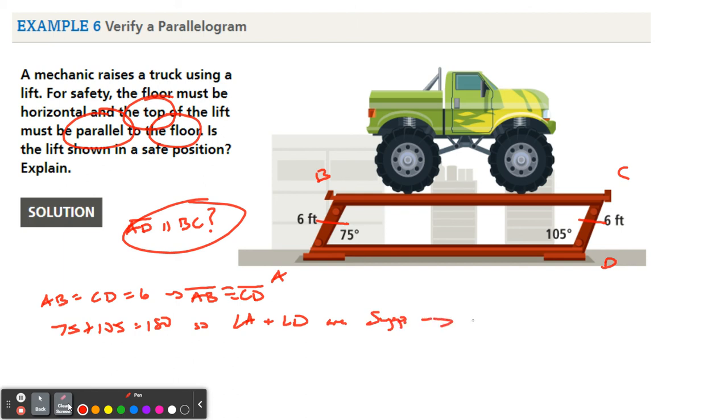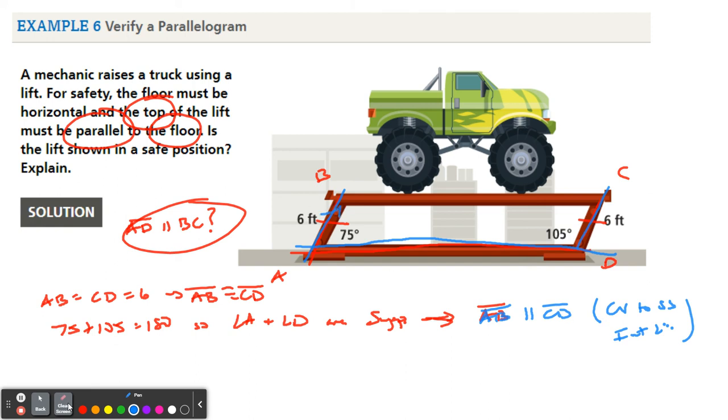This means that segments AB and CD are the lines, AD is your transversal. I guess I should use blue. So AB and CD are the parallel lines, and AD would be your transversal. That means that segment AB is going to be parallel to CD. And again, that's by the converse to same side interior angles.